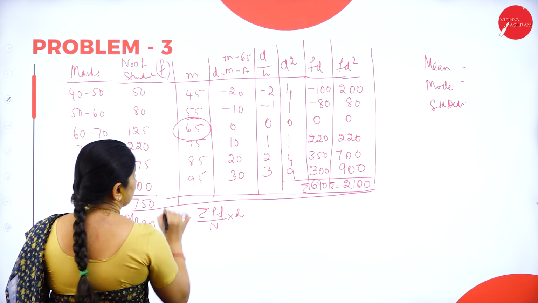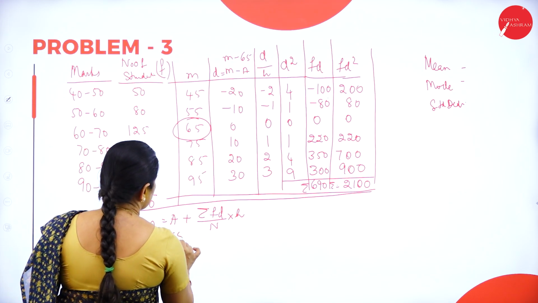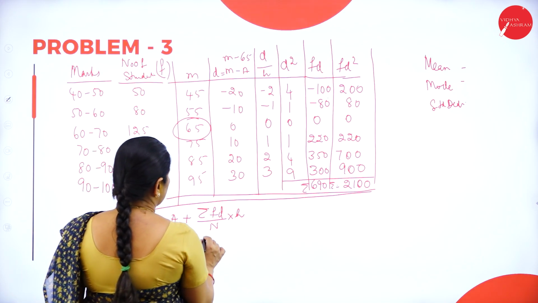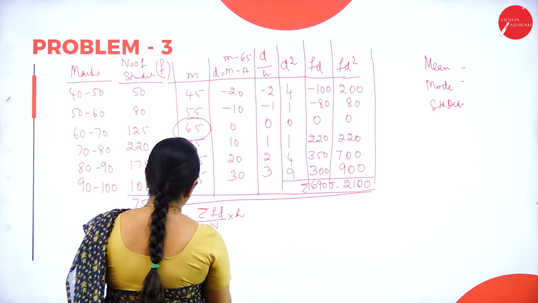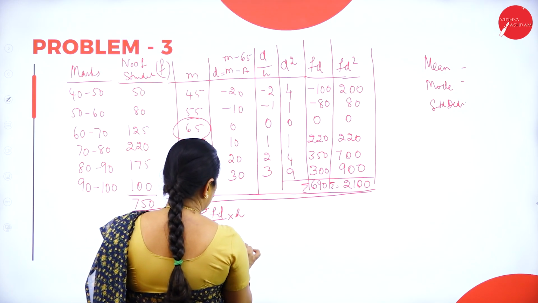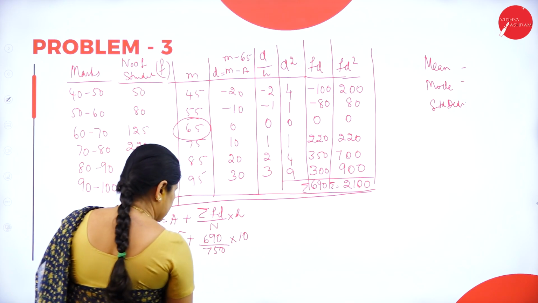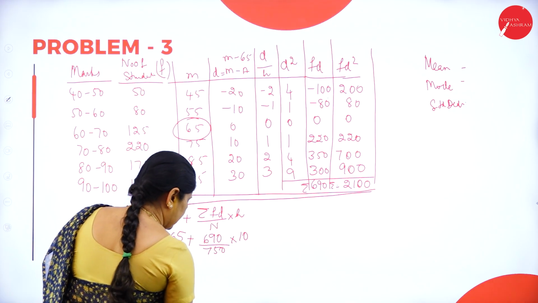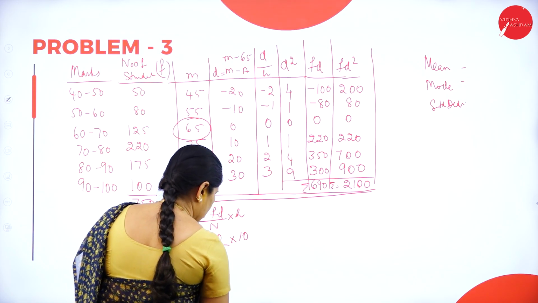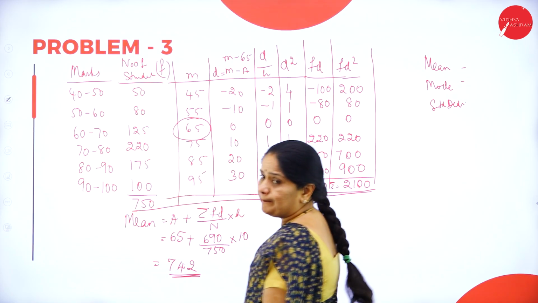So this is 65 plus sigma fd, which is 690, divided by 750, into 10. When I simplify this, I get 74.2. So this is the answer for the mean.